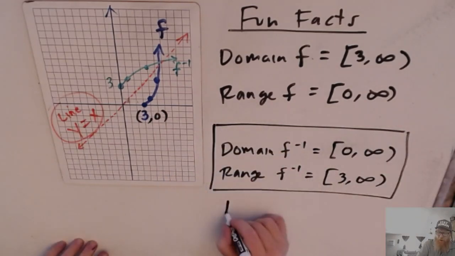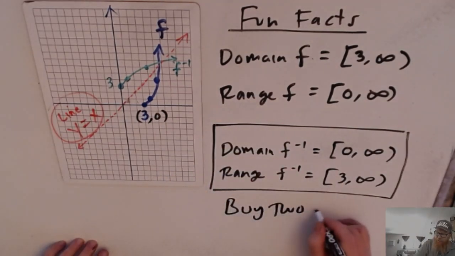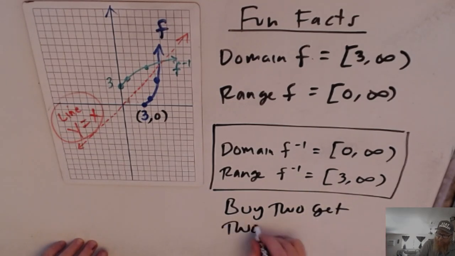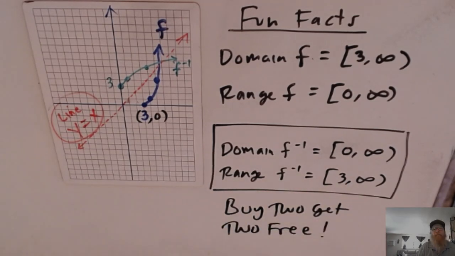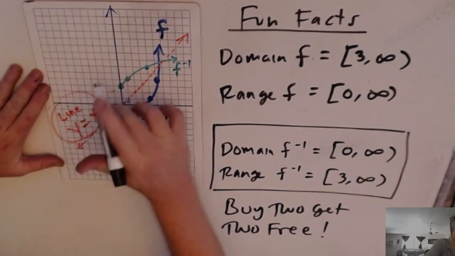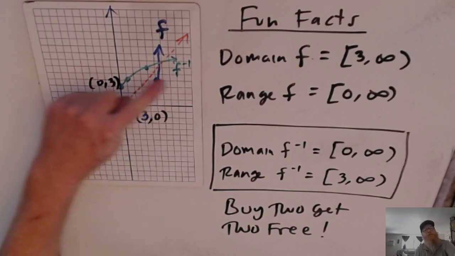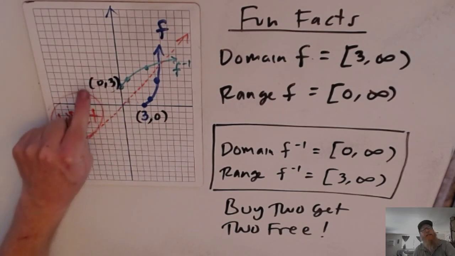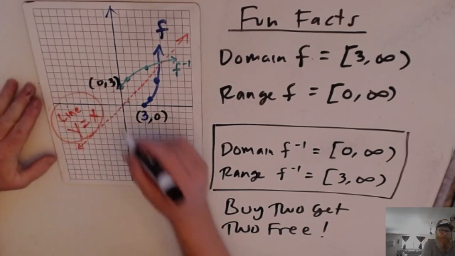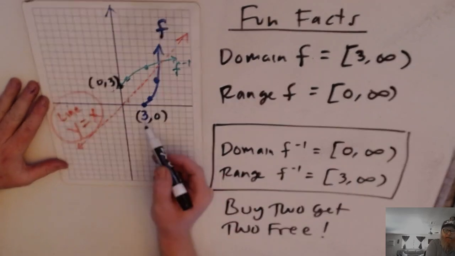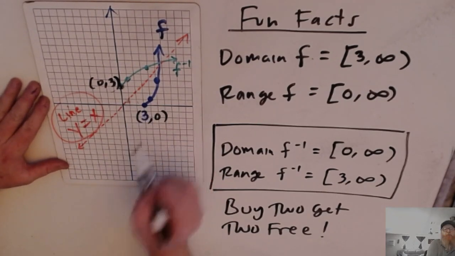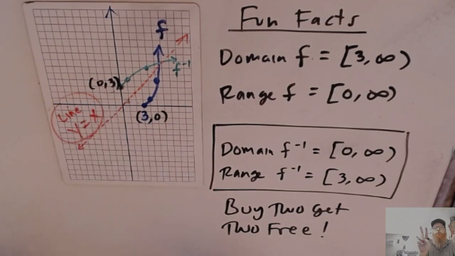So this is always a buy 2, get 2 free. On the inverse function, the terminal point here is (0, 3), and for the original function it was (3, 0). Those are always going to be reversed, the x and y values.